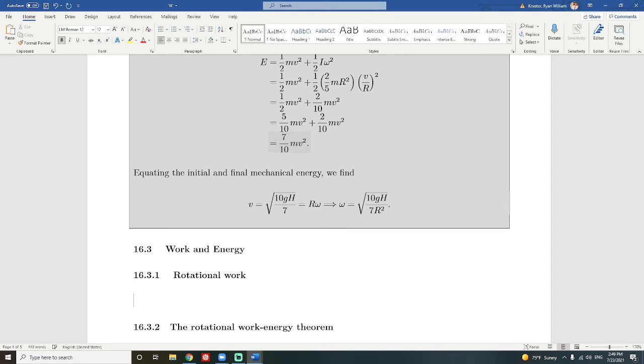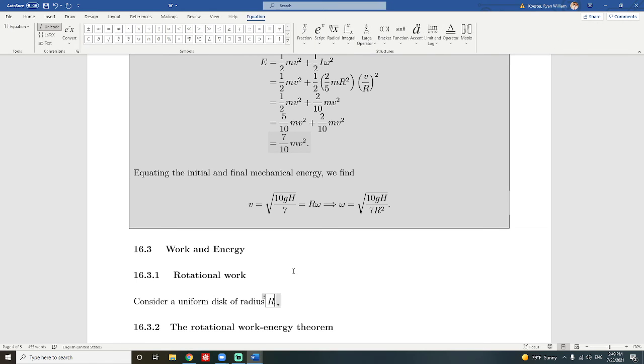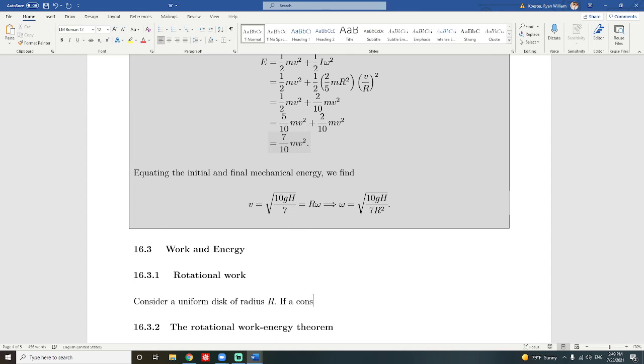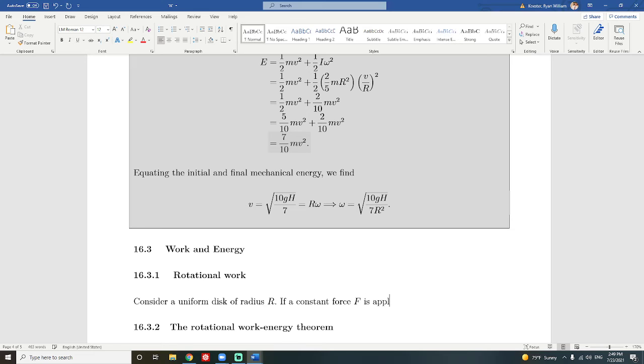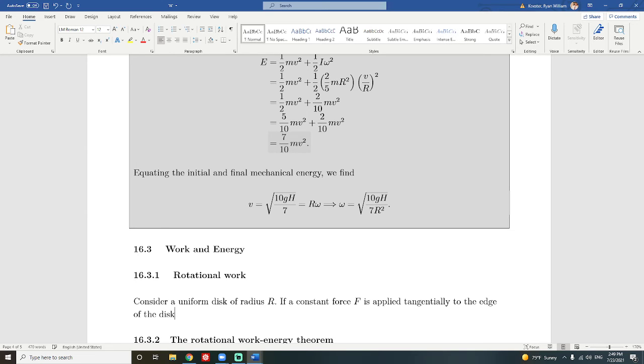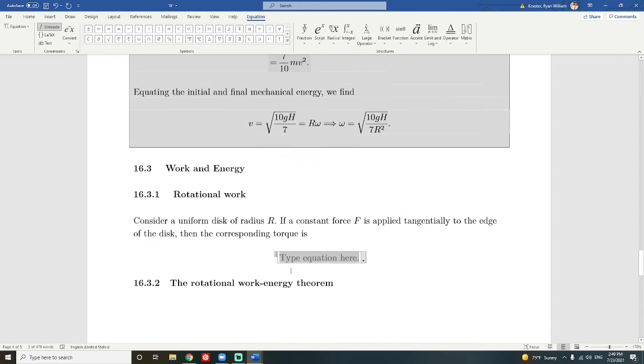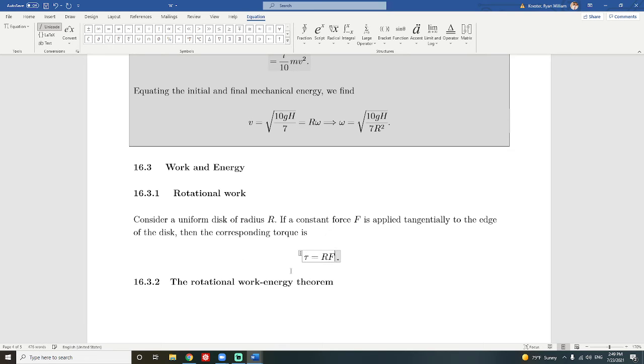So first, talking about rotational work, what I want to say is consider a uniform disk of radius big R. If a constant force, and we'll call this big F, is applied tangentially to the edge of the disk, then the corresponding torque is, and we could just write, tau equals RF.